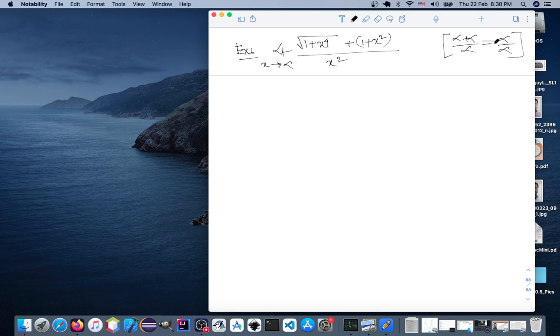So definitely 1 and x to the power 4 will get cancelled, and we will be left with minus 2x square, and we have x square in the denominator. So let's proceed.